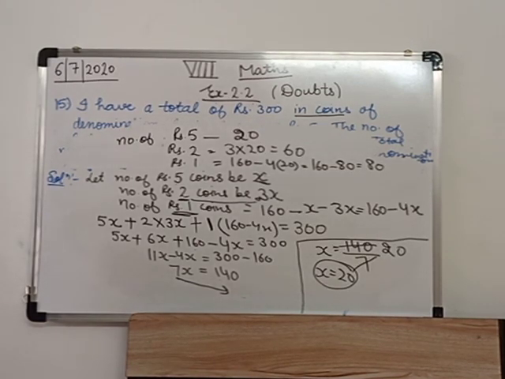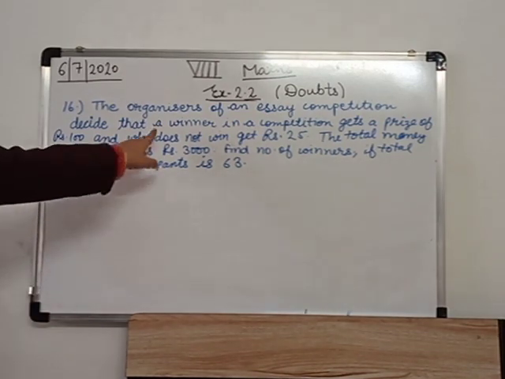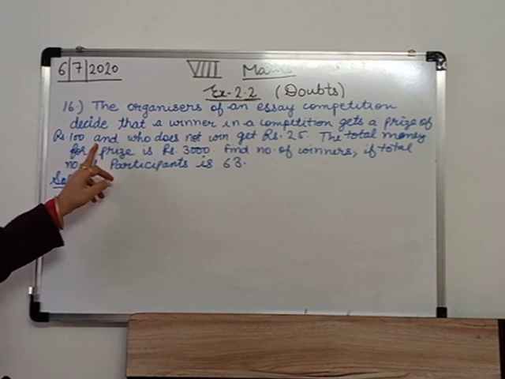Okay, understood? Now the next question is question number 16. In question number 16, what is the question? The question is: the organizers of an essay competition decide that the winner in a competition gets a prize of rupees 100.